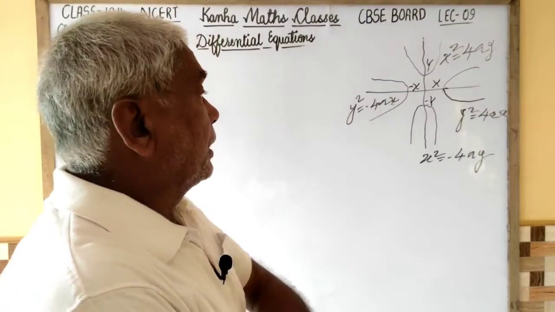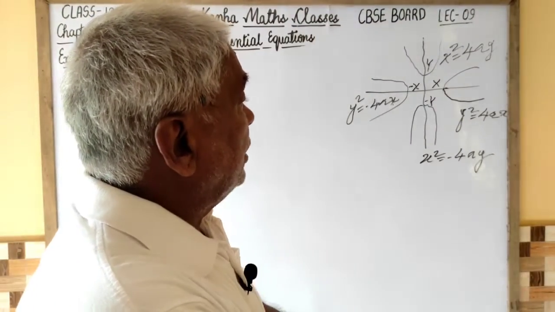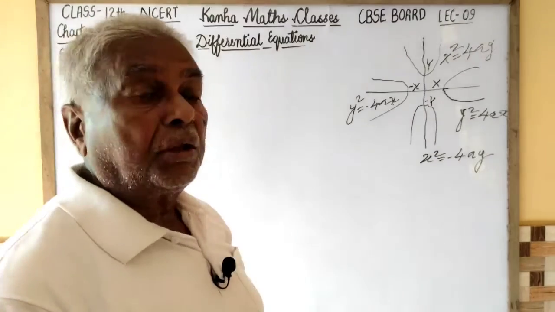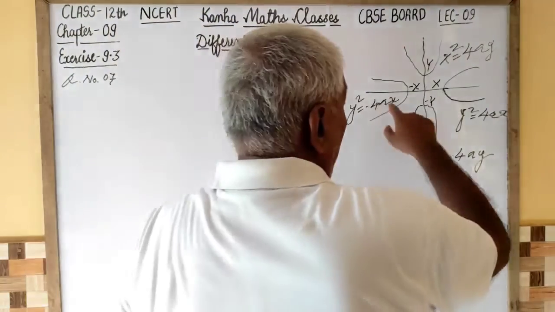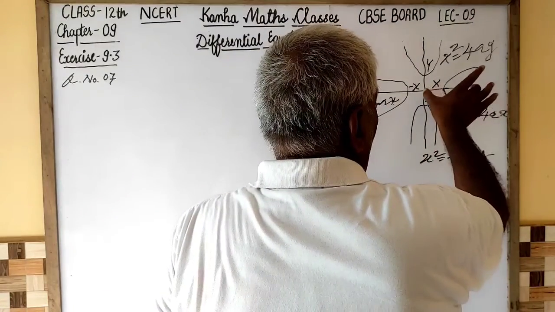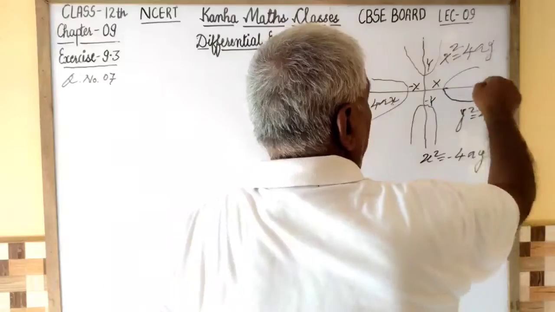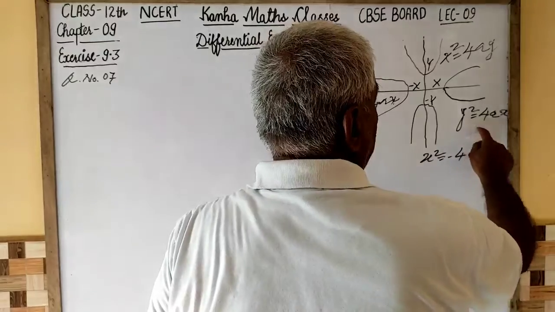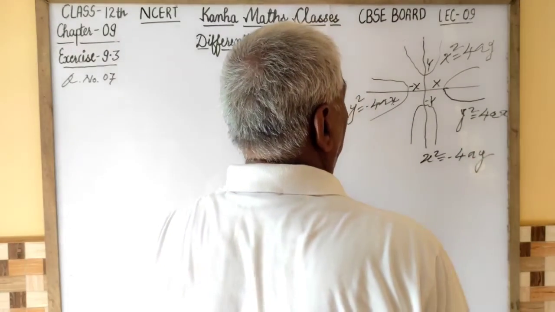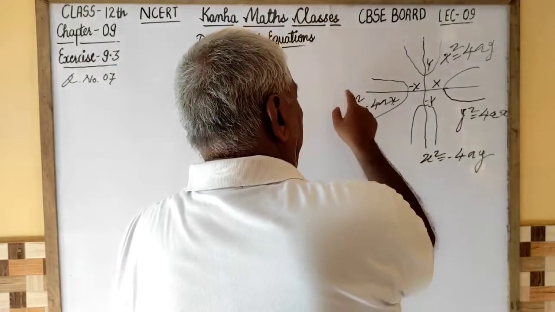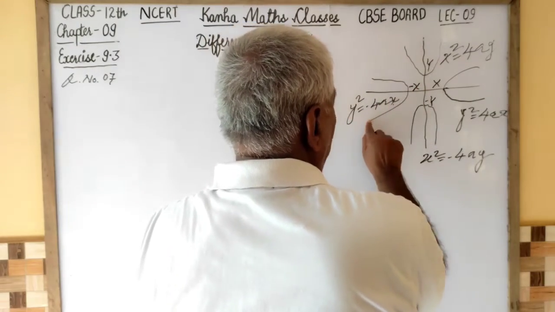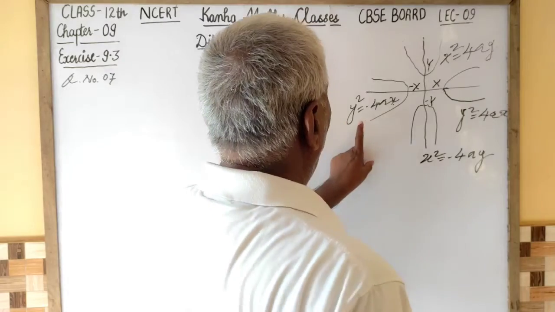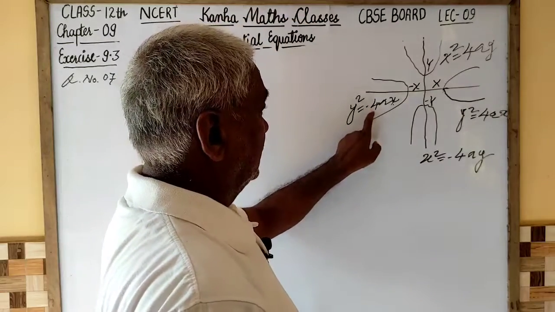Here you must be aware of the nature and kinds of standard equation of the parabola. With axis along positive x-axis, the standard equation of the parabola will be y square is equal to 4ax, and with axis along minus x-axis, y square is equal to minus 4ax.